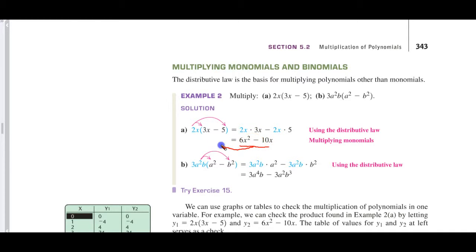And when we factor that, by taking a 2x out of each term, it goes back to what we started with. So again, that's coming up in sections we will be doing, and then in chapter 6, we're going to use quite extensively.